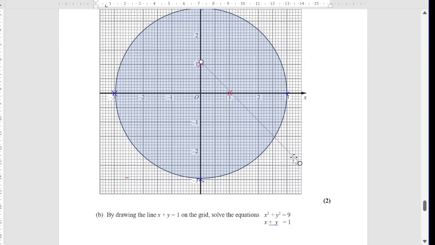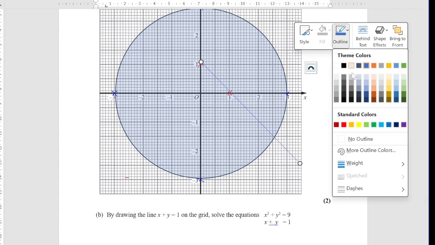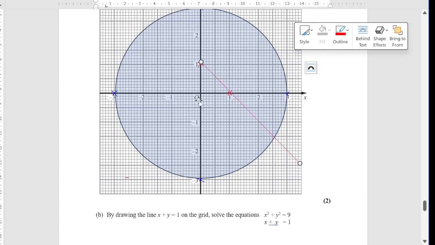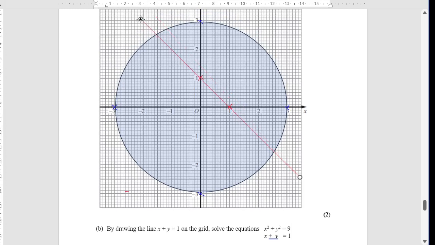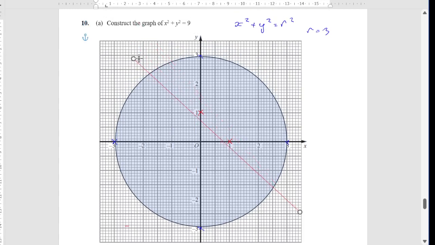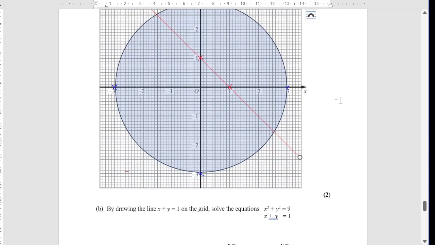I want that to be red though. There we go, and then we're just looking at the points of intersection. So we've got a point of intersection there, and a point of intersection there.